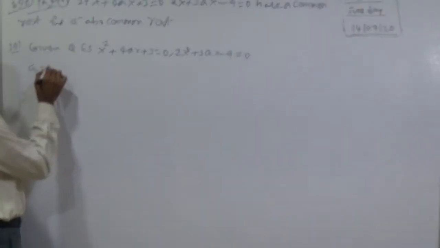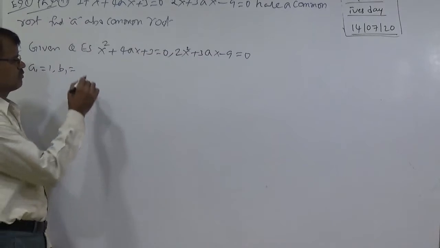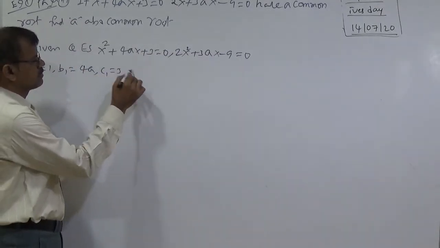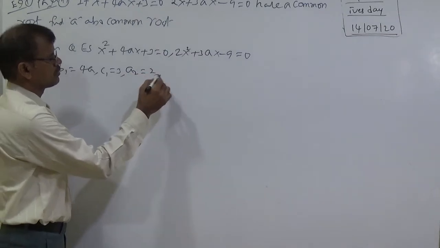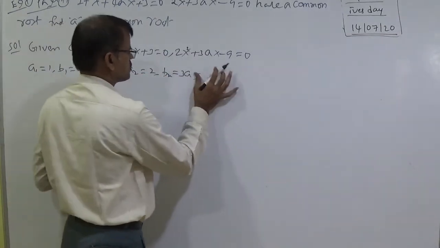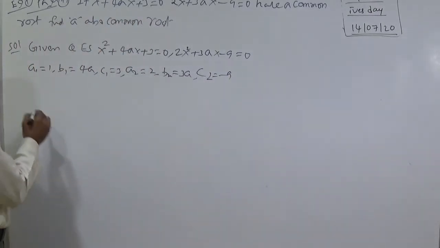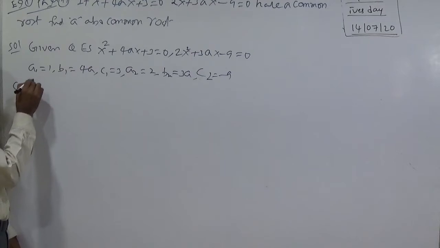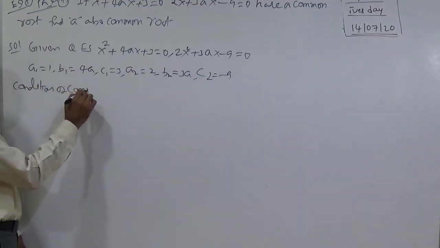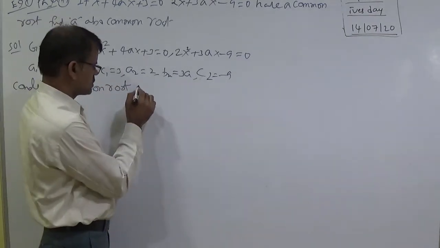Depending upon the theorem I said now, you can write the values: a1 equal to 1, b1 equal to 4a and c1 equal to 3; a2 equal to 2, b2 equal to 3a and c2 equal to minus 9. Now the condition of common root, the formula we have just learnt.